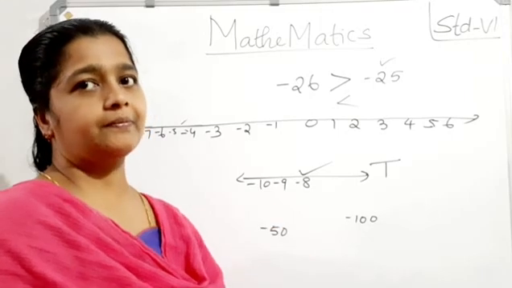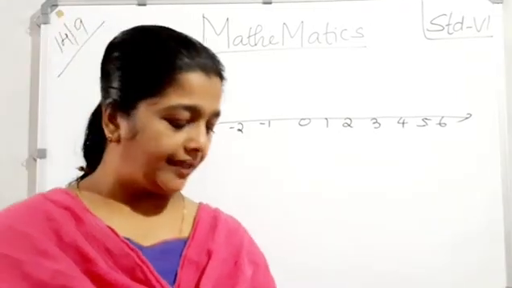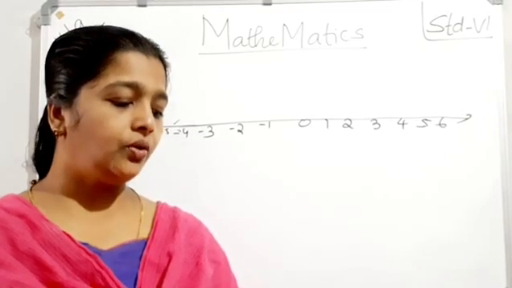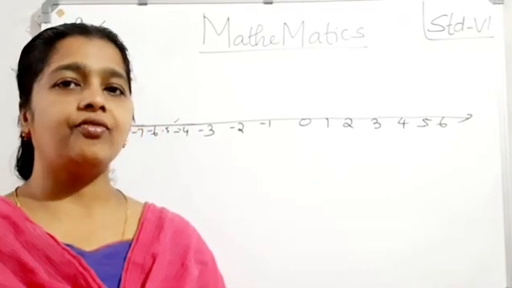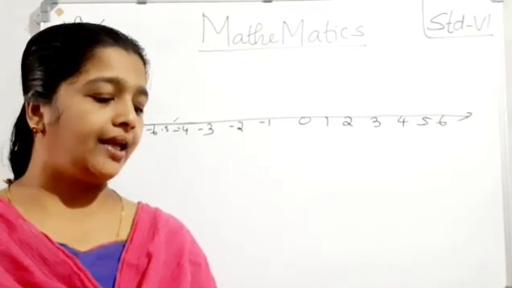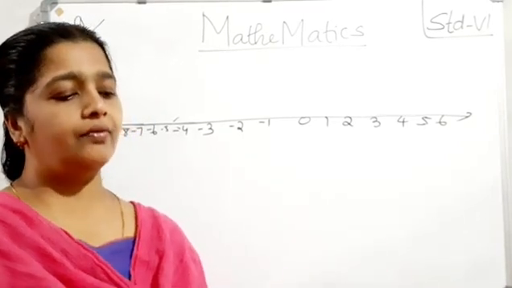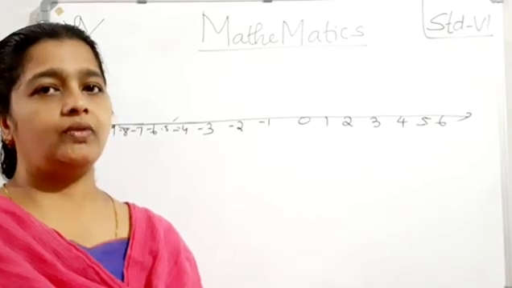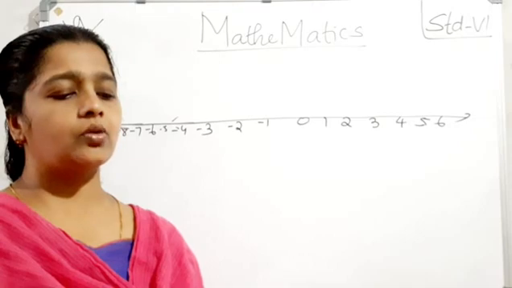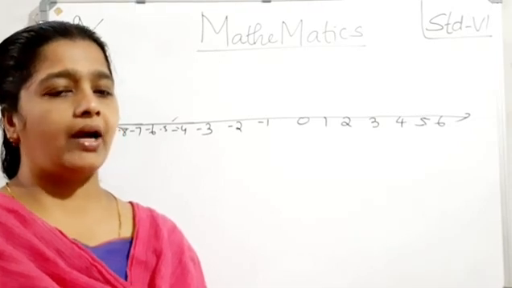Understand? So last section, page number 122. Draw the number line and answer the following questions. Question A: Which number will we reach if we move 4 numbers to the right of minus 2?